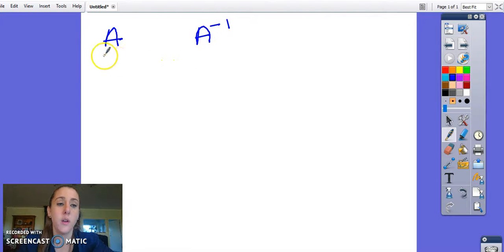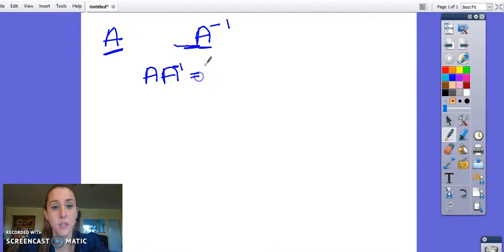The way an inverse works is that if we multiply our original matrix A by its inverse A to the power of -1, it will give us the identity matrix.